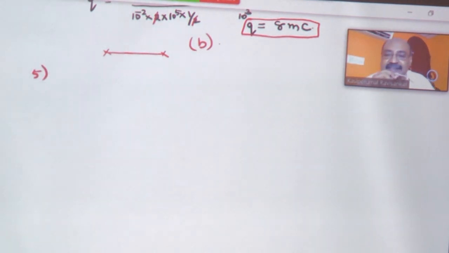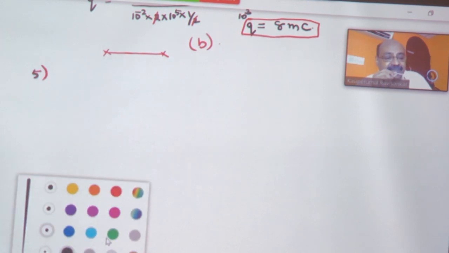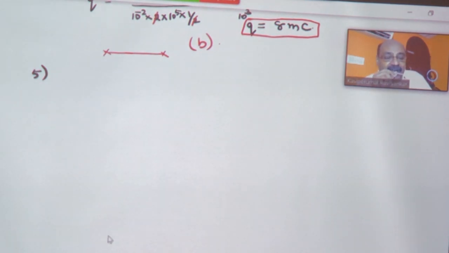It was considered that there are 4 Gaussian surfaces given below with charges inside the Gaussian surface. Rank the electric flux through each Gaussian surface in increasing order. So lowest to highest, I have to go.